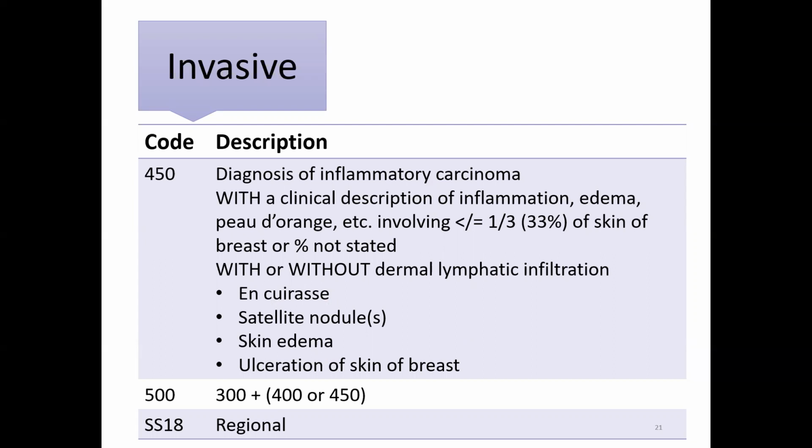Code 500 is one of those combination codes where you have 300, which is invasion of the chest wall muscle or rib, plus 400, the skin involvement, without inflammatory breast, or 450 with the diagnosis of inflammatory breast carcinoma. So those combination codes can be tricky. Again, some stage regional.